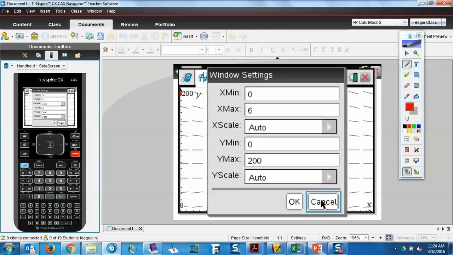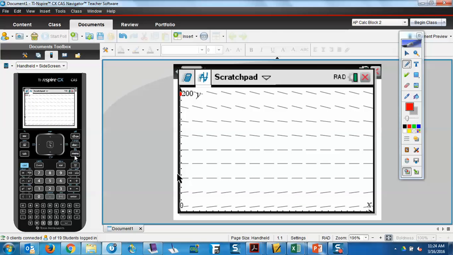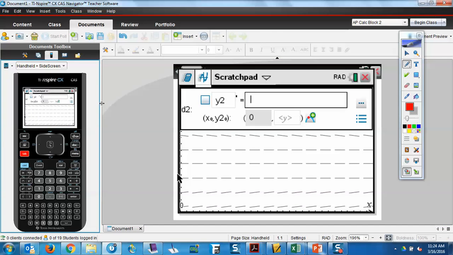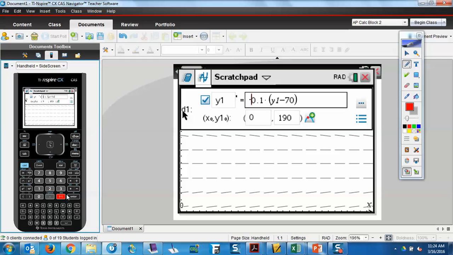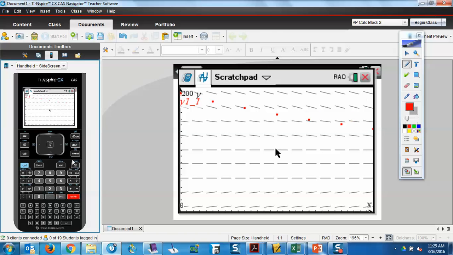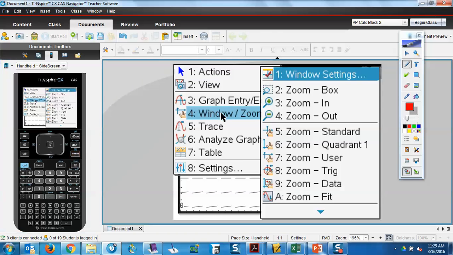Our old friend Zoom Fit. And Zoom, and then it shows up. The y-axis is times Y1 minus. Okay, so Zoom Fit.